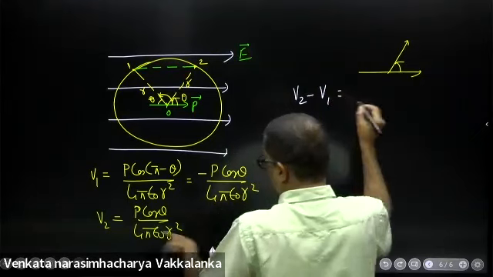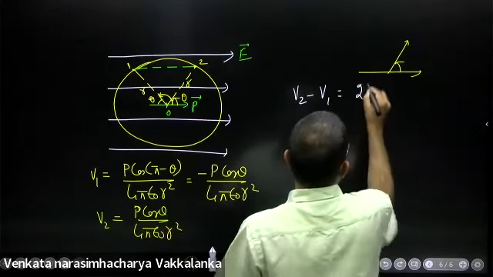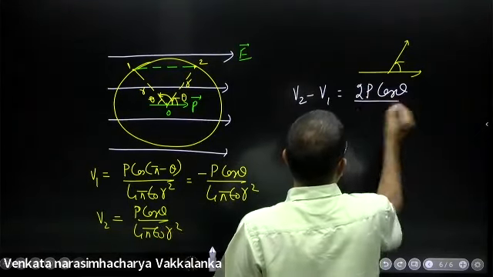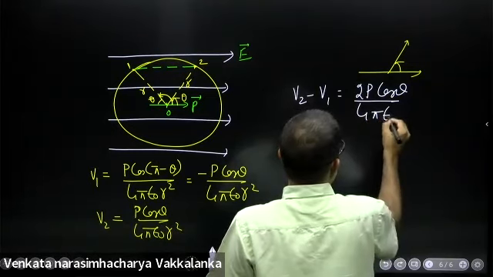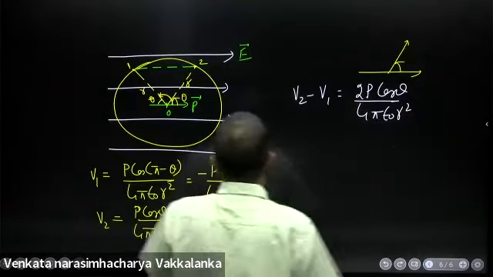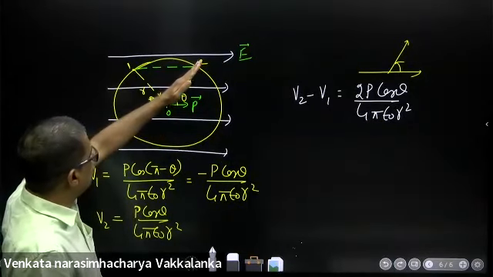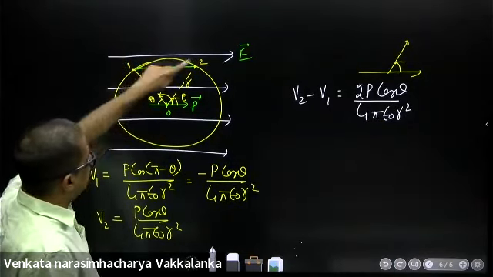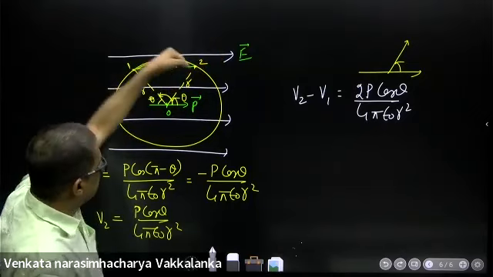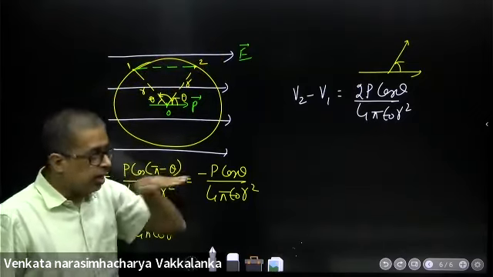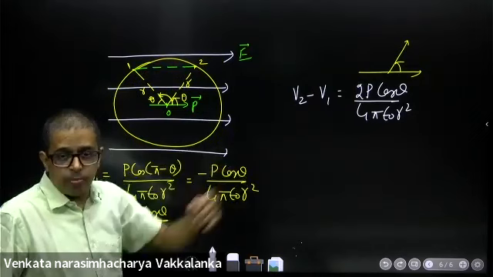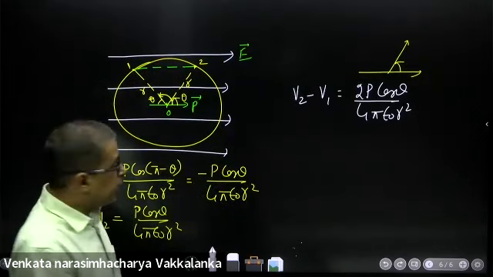V2 minus V1 is 2P cos theta by 4 pi epsilon naught r square. According to the dipole, 2 is at higher potential than 1. According to the electric field, 1 is at higher potential than 2. Electric field is always from higher potential to lower potential.